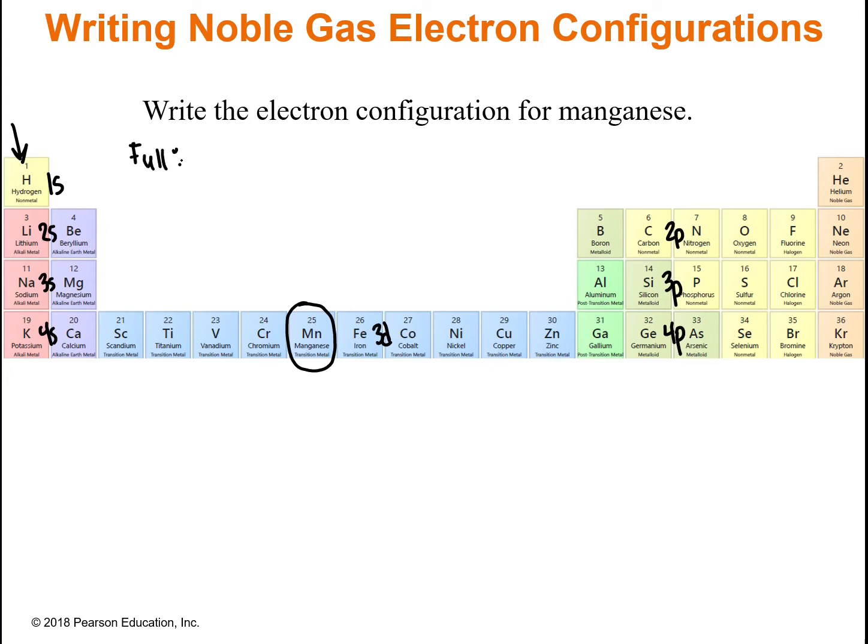So our full configuration starts with 1s2. We go down to the second row because we have not hit manganese yet. We fill the 2s with 2 electrons. Then we fill the 2p with 6 electrons. We're still not at manganese, so we keep going. We fill the 3s, followed by the 3p.